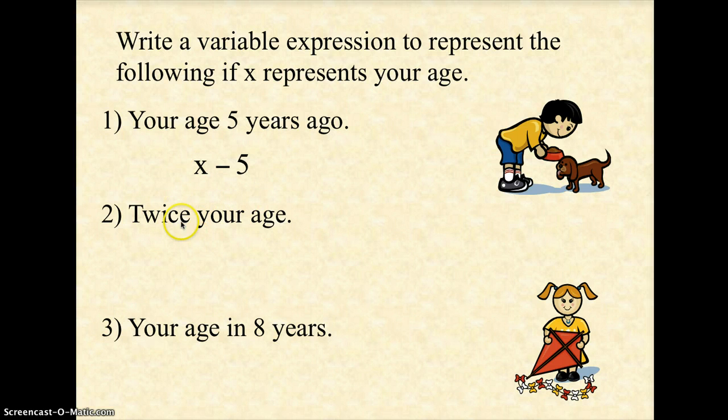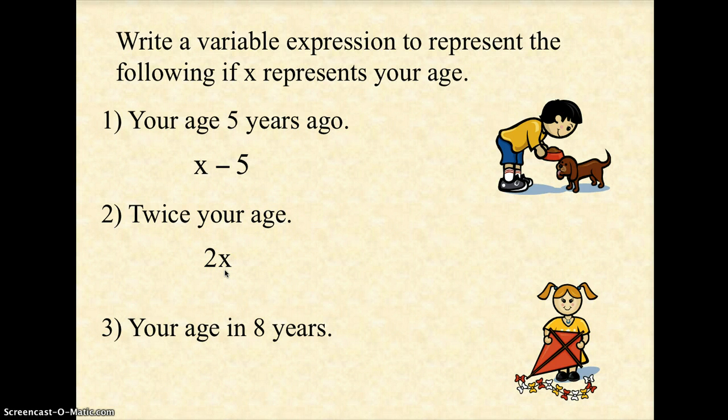How about twice your age? You will encounter this word twice many times. So from here on, you have to remember what to do when you see the word twice. It's actually 2 times. So you write 2x, because x represents the age.